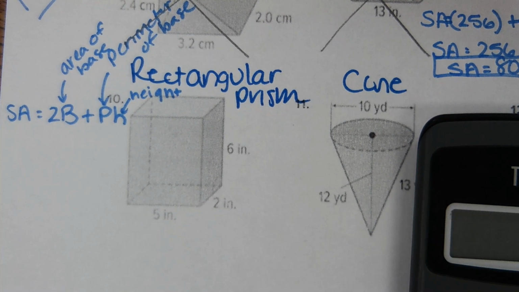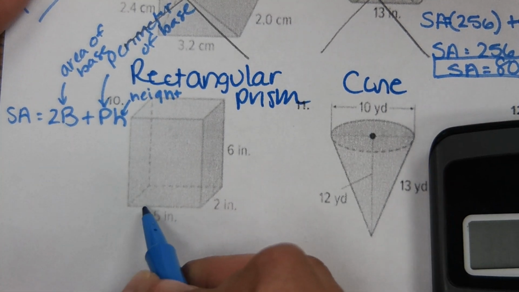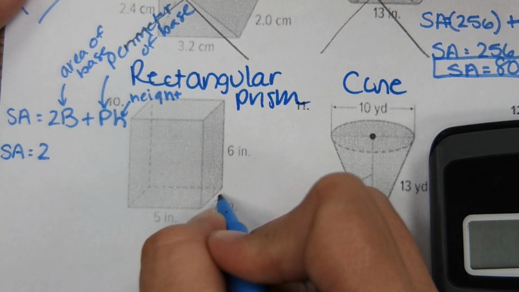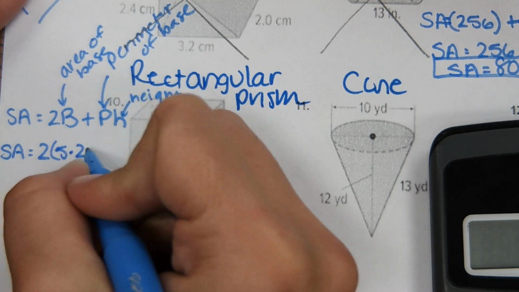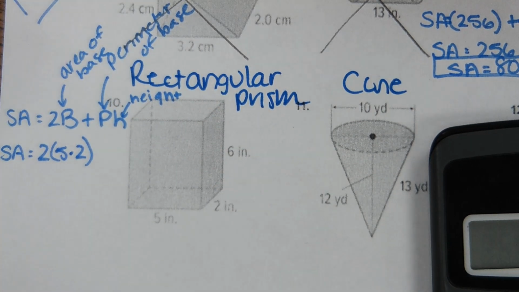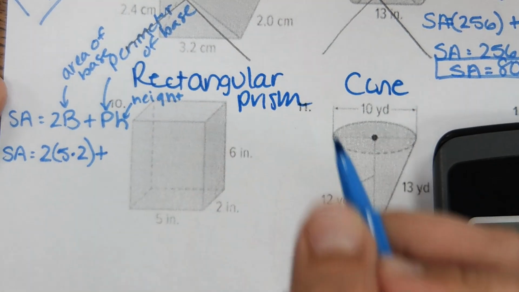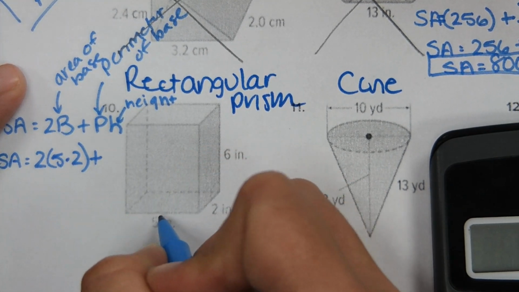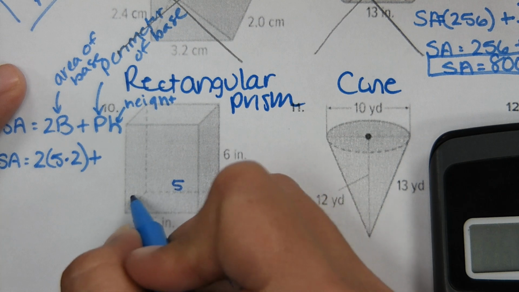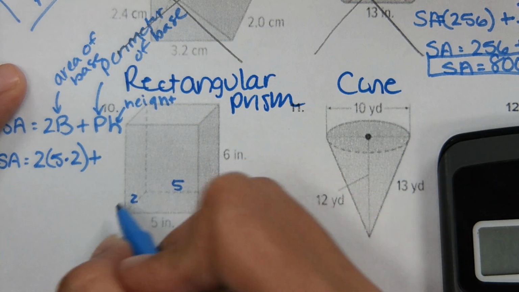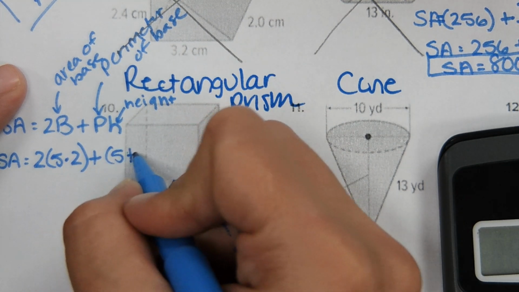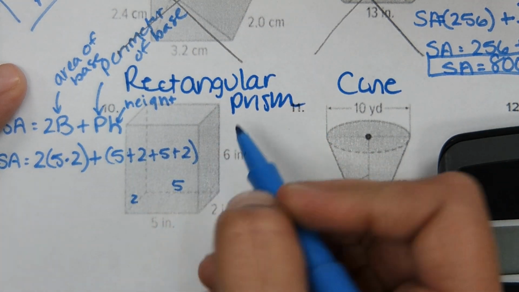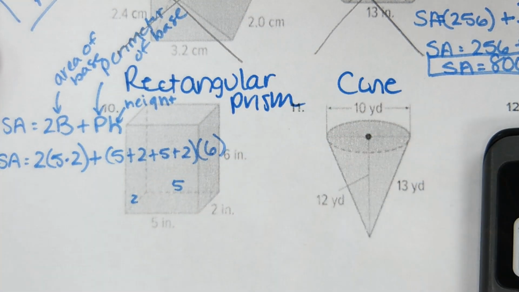Okay, so then from here, area of the base, it's a rectangle, so surface area equals 2 times area of the base, which would be 5 times 2 for that rectangle, plus perimeter of the base, so this would be 5 and 2, this would be 5 and 2. We can add up these numbers, 5 plus 2 plus 5 plus 2 times the height of the prism right here would be 6.